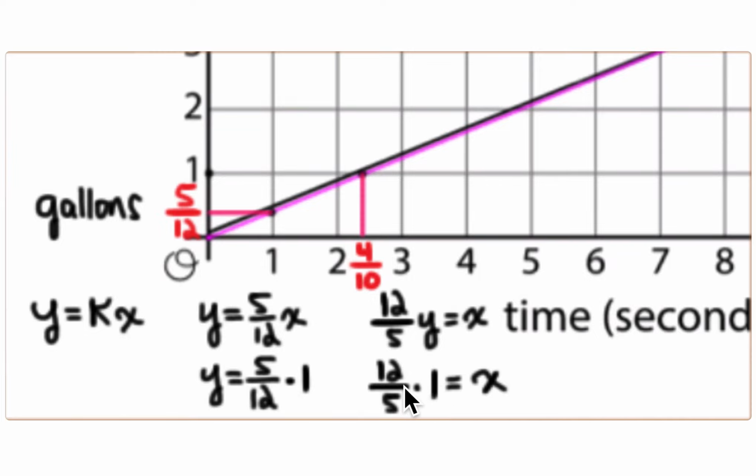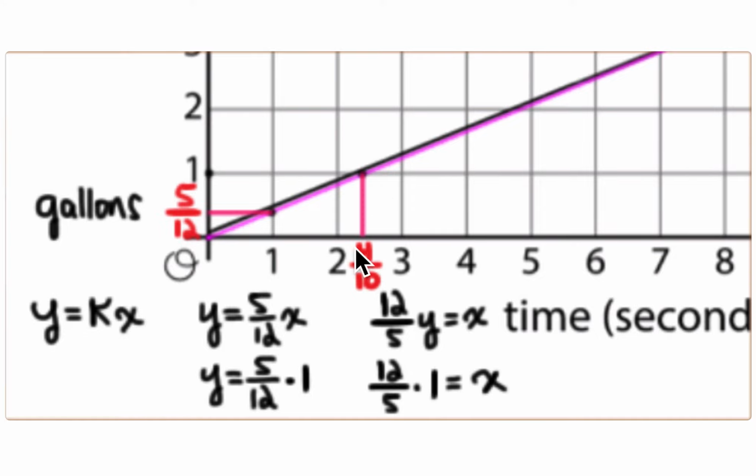So 12/5 seconds is 2 seconds, 2 times 5 is 10, plus 2/5 left over. So that's 4/10. So it's 2 seconds and 4/10 of a second. So that goes up to this point right here, which tells you that for 1 gallon of water, it takes 2 and 4/10 seconds.